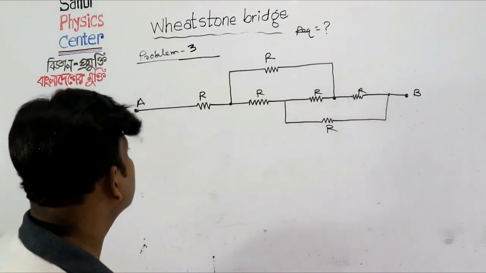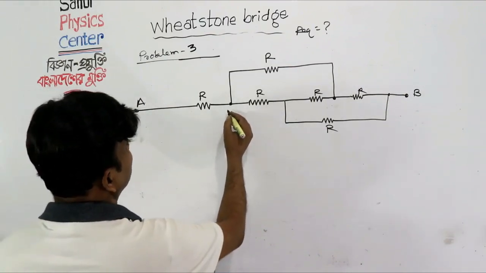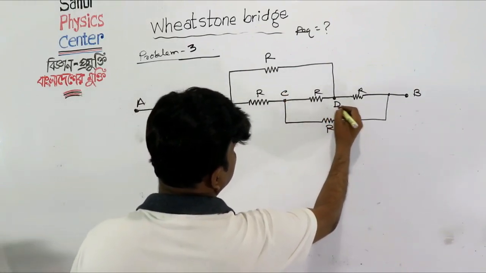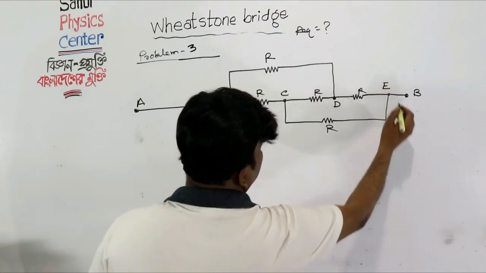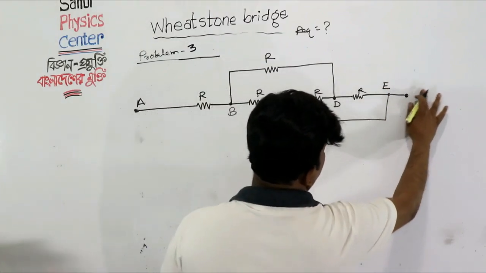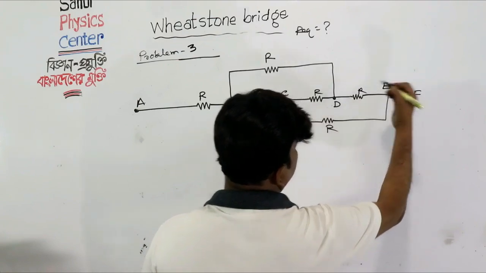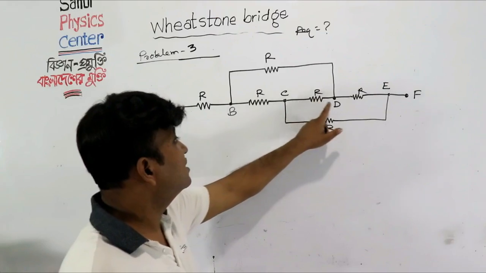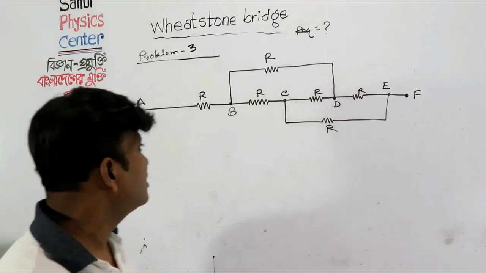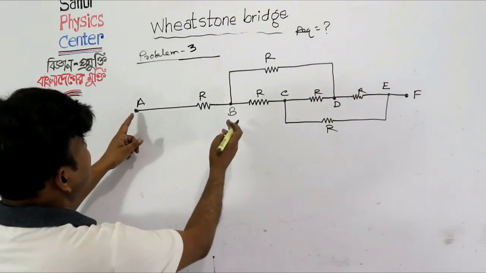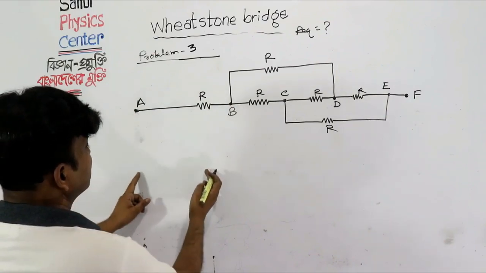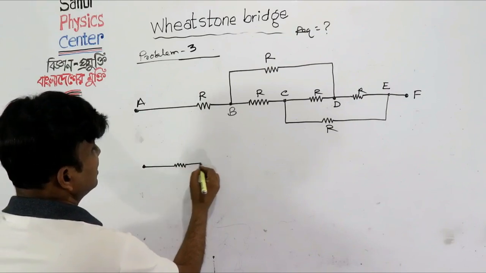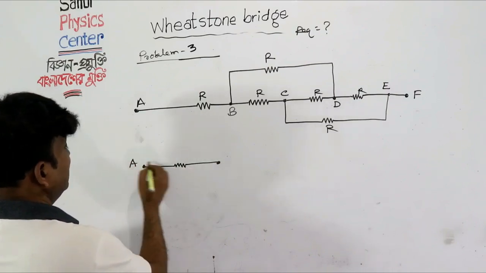Suppose this point is B, this point is C, this point is D, this point is E, and we take this point as F instead of B. So it is A, B, C, D, E. Now we can take this resistance here. There is a resistance between A and B.